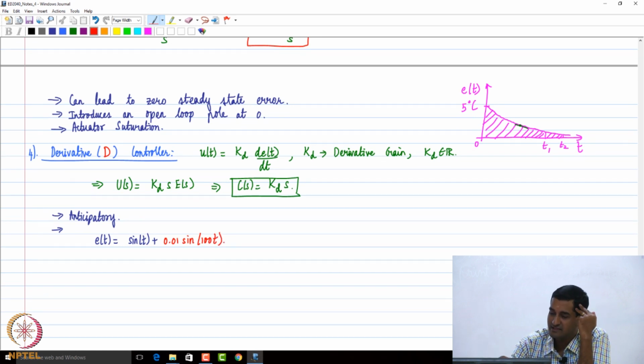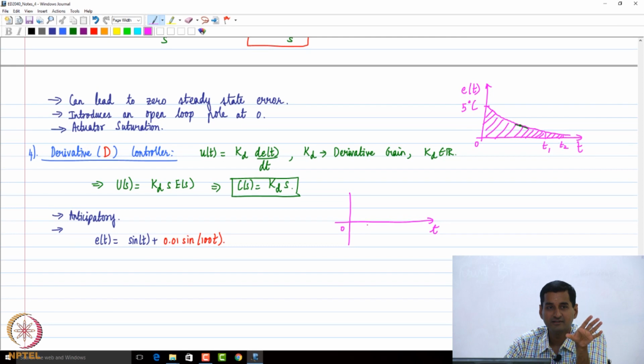So what this means is that I have an error signal, a notional example to convey the issues with derivative control. Let's say my error oscillates as sin t. But what is sin 100t? It is high frequency noise, right?